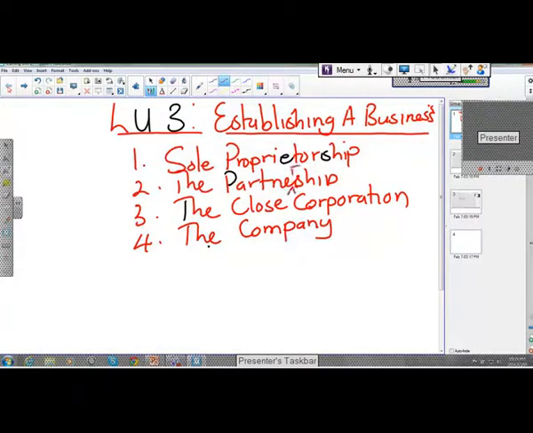Now, from the word sole proprietorship, sole simply means one. This is a business that is owned and run by one person. When we say owned and run, it doesn't mean that this person is working on their own, but it is they who have registered their name with the registrar of companies, meaning here in South Africa, the CIPRO.